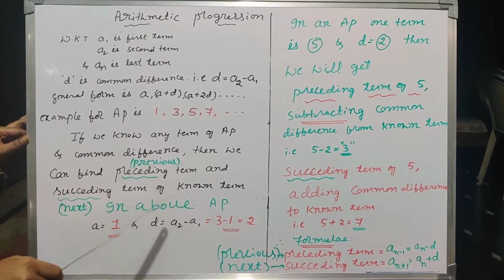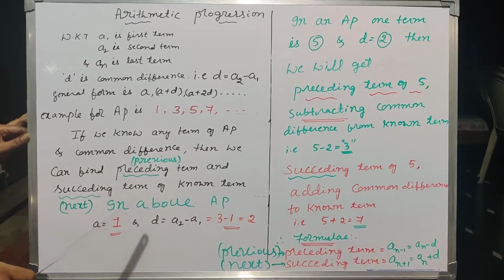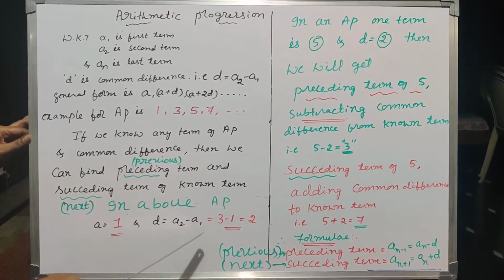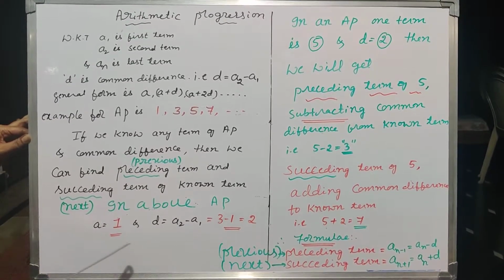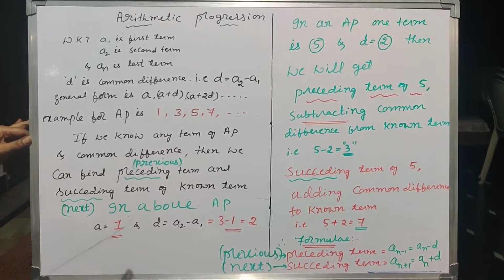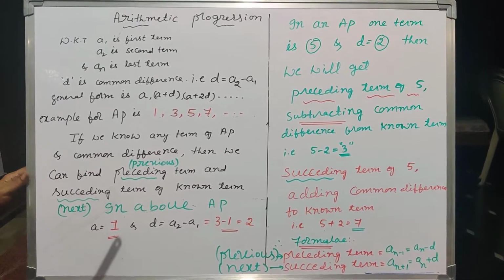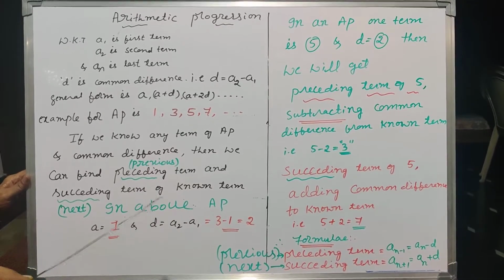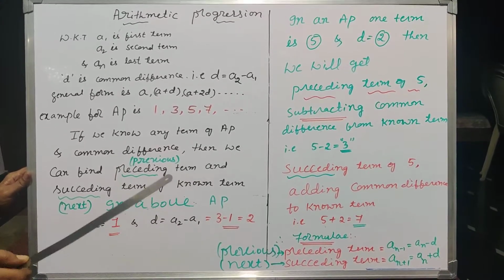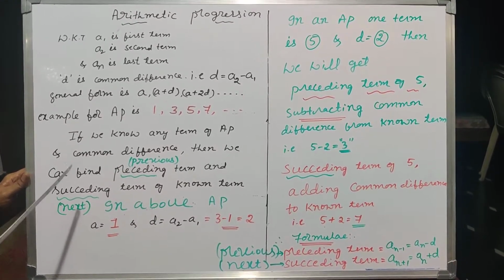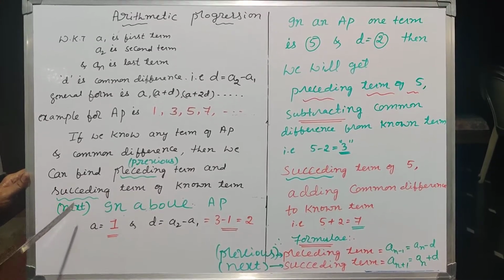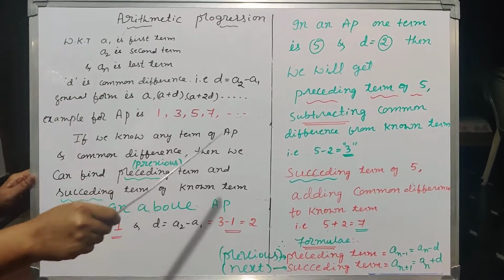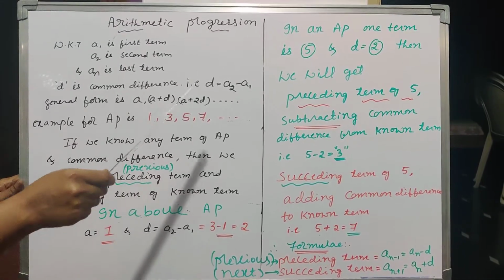In the above AP, A is equal to 1 and D is equal to A2 minus A1, that is equal to 2. Now, from this example, I want to show how to find the preceding term or previous term, as well as the succeeding term or next term. For that, there is a pattern. See the example here.